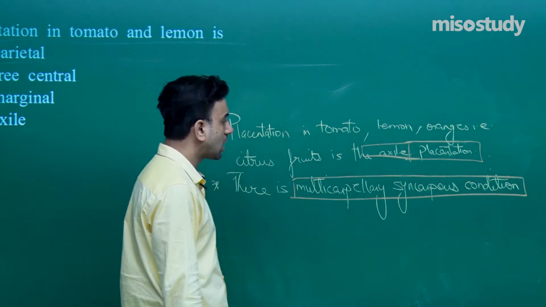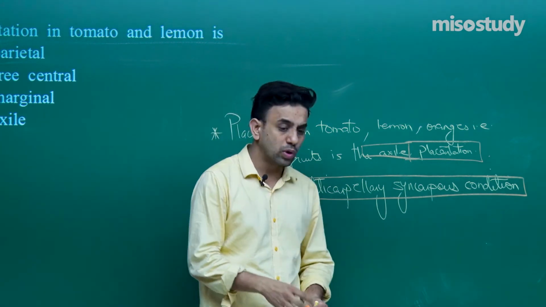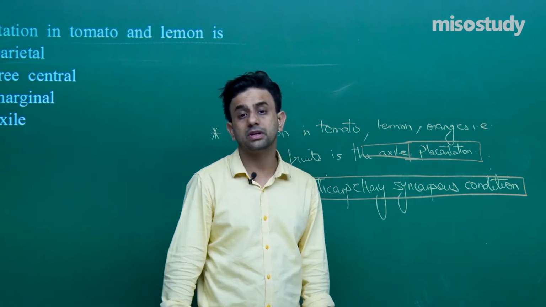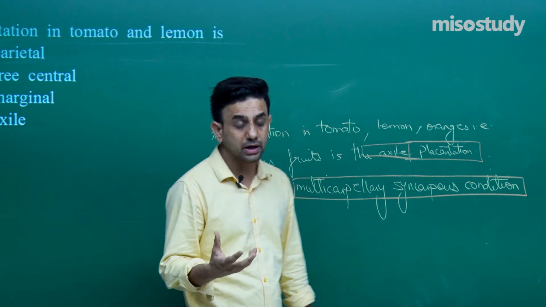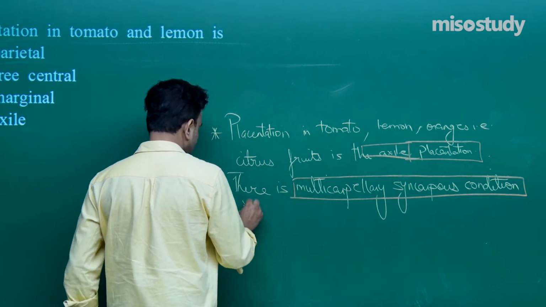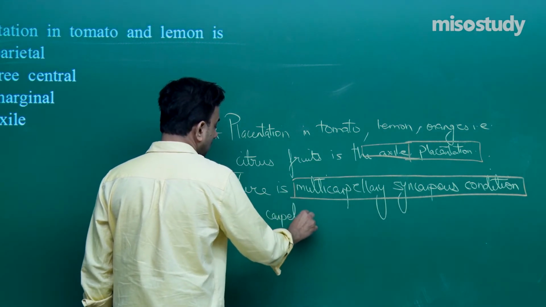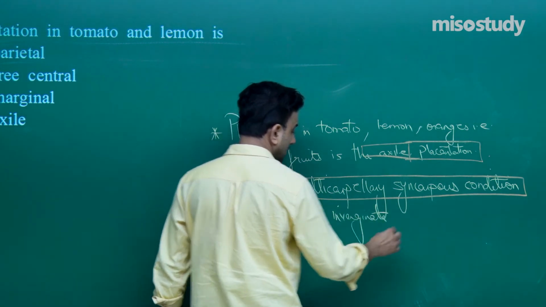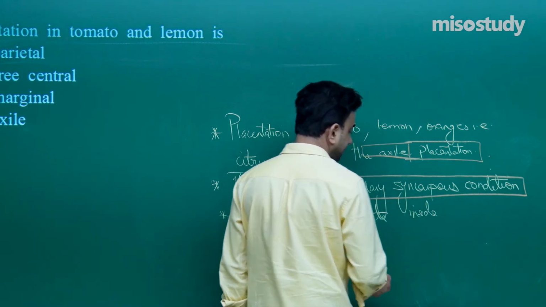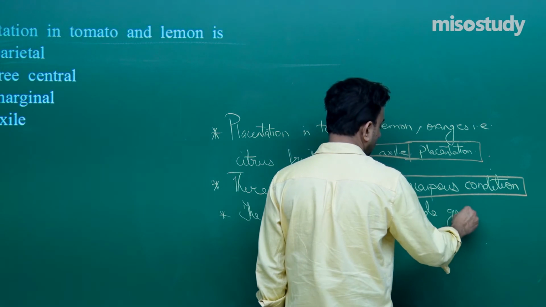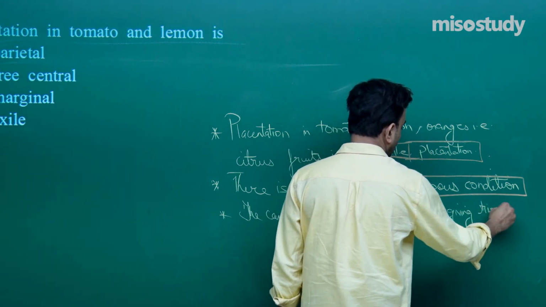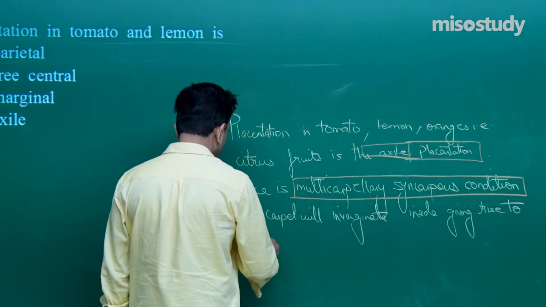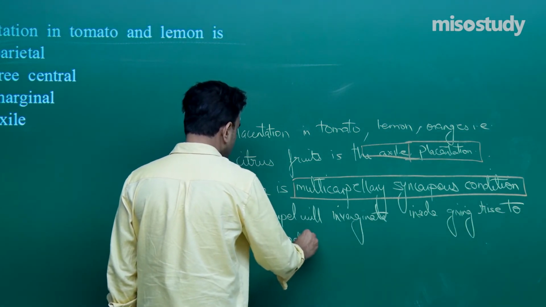What will happen here is the carpels will grow inside, forming the different chambers, giving rise to the multicarpellary condition. The carpel will invaginate inside.